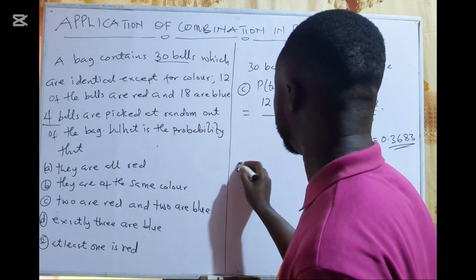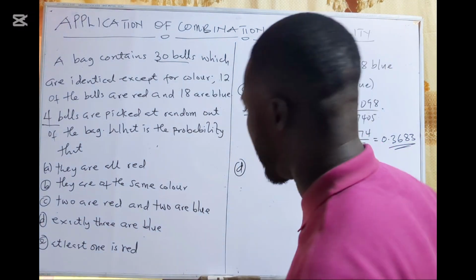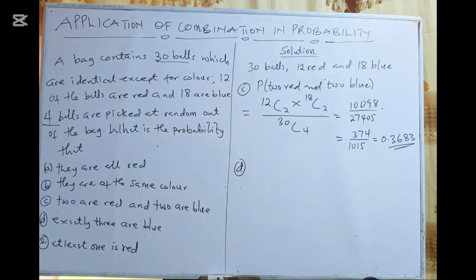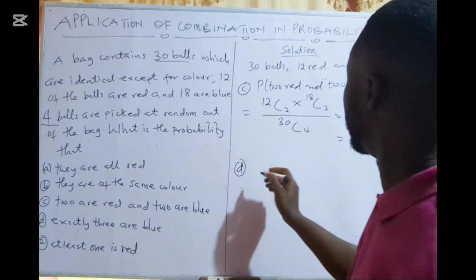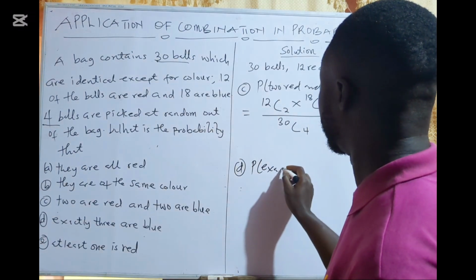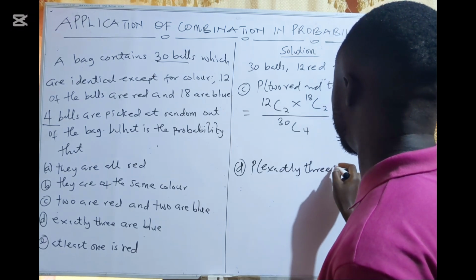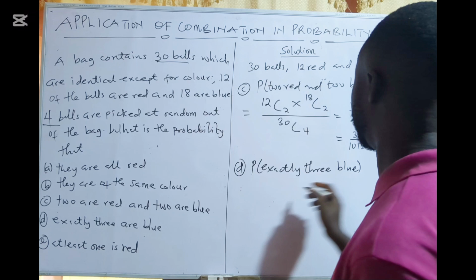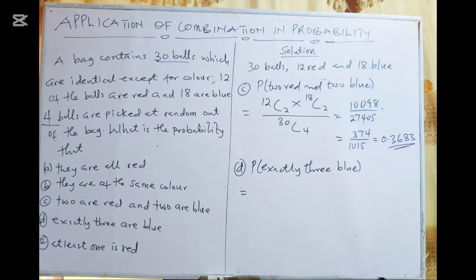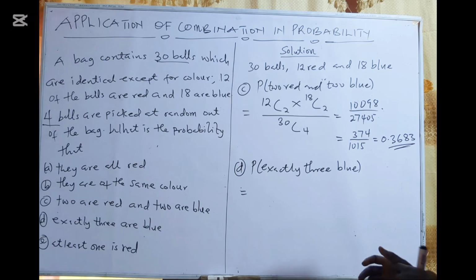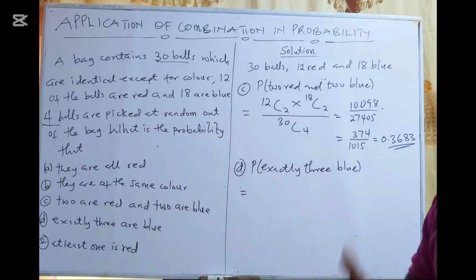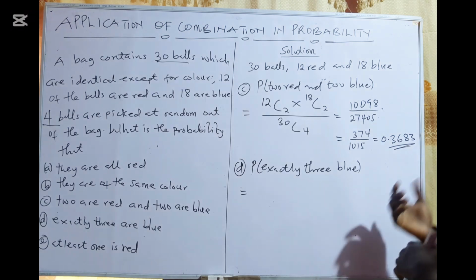D. Exactly 3 are blue. So probability of exactly 3 blue. And take note that when you are using the combination, it doesn't matter which one I selected first and which one I selected second.